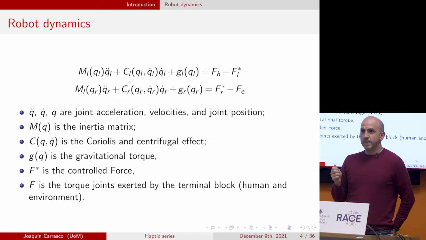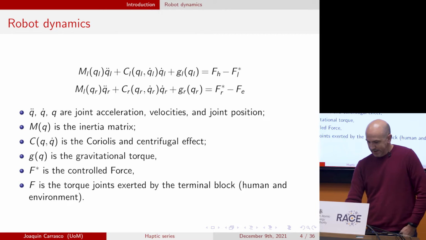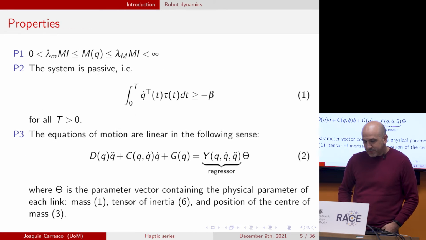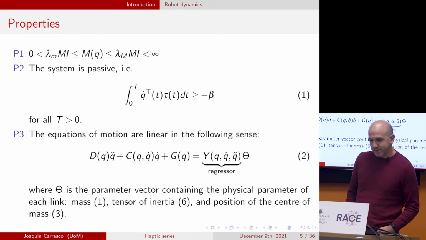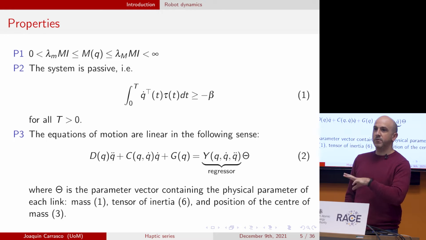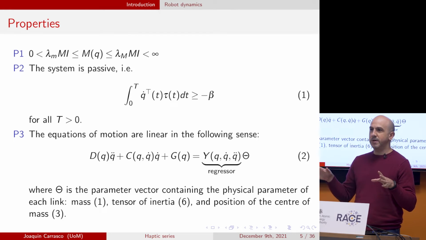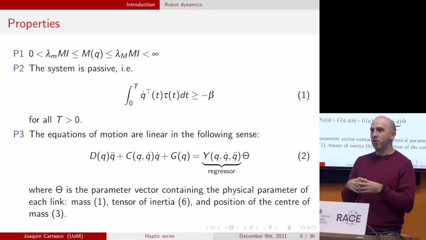So far, so good? Yep. Okay, so a few properties. Maybe the most important one for us today is going to be the second one. The first property is just telling you that for any configuration of the robot, the mass of the robot is always going to be positive and bounded by some number.